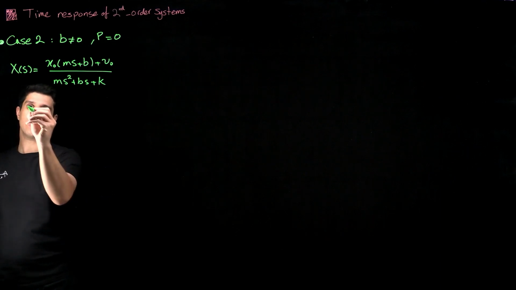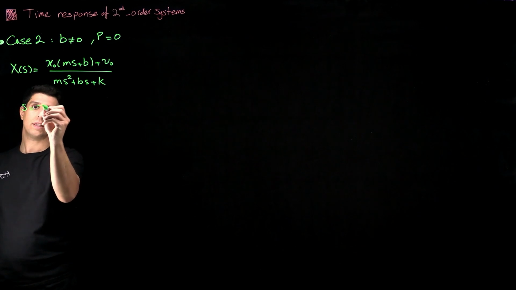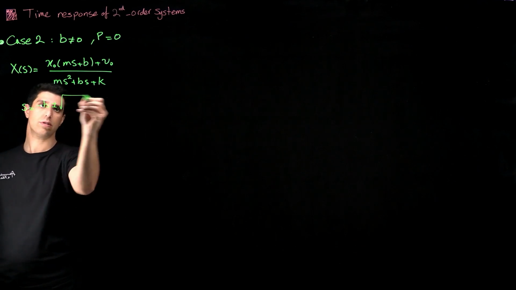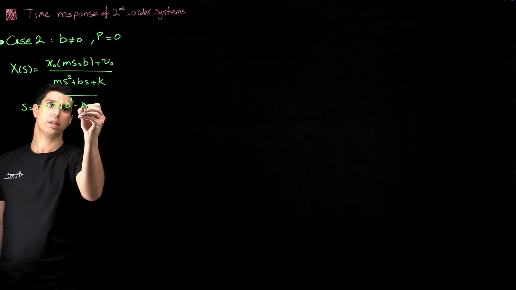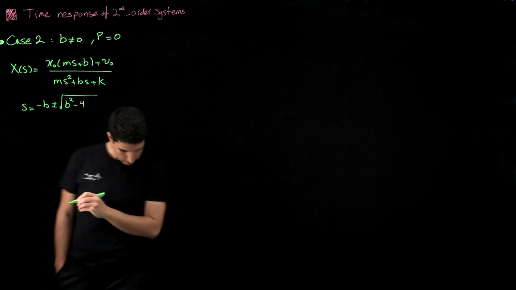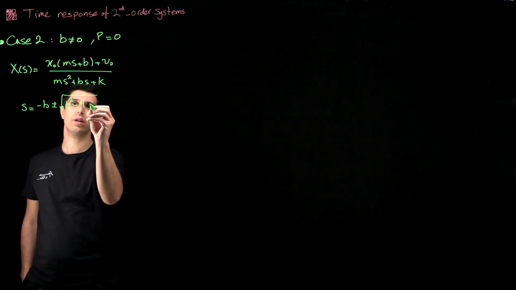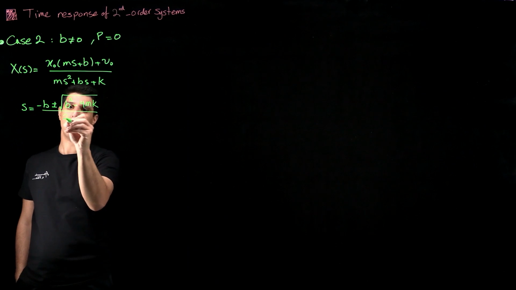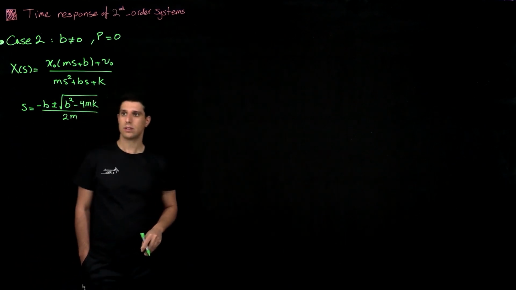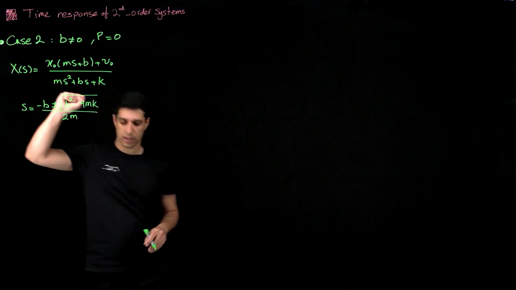If I want to solve this, s becomes minus b plus minus the square root of b squared minus, wait a minute, 4mk, where do I have 4? Oh, 4, yes, 4mk, divided by 2m. So those are the poles of this response.